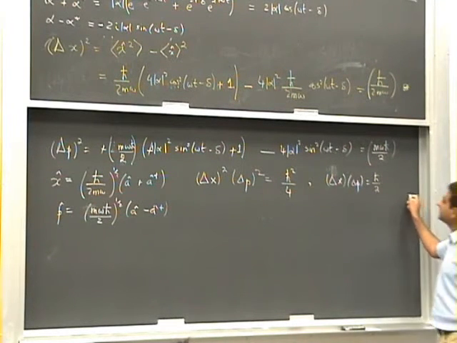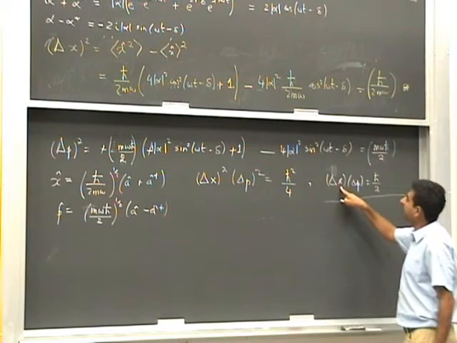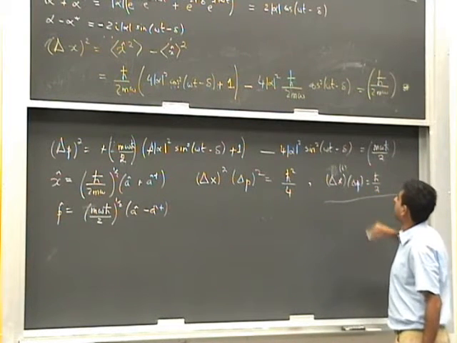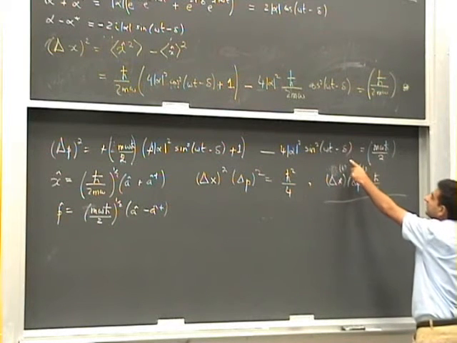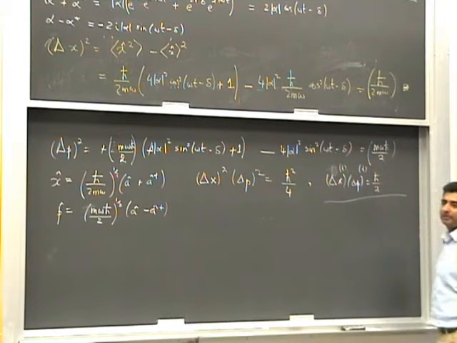So it's a minimum uncertainty state, and this delta x, even if you put a time parameter here, you will observe that the uncertainties are independent of time. So at each point in time, the wave function looks like a Gaussian. It's a minimum uncertainty state.